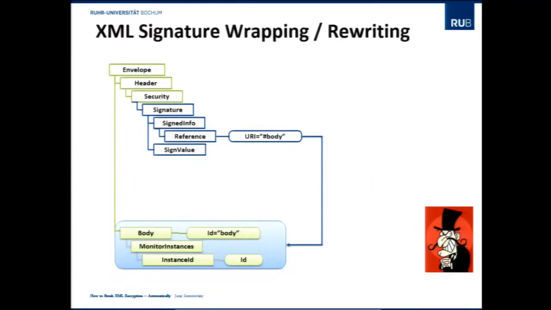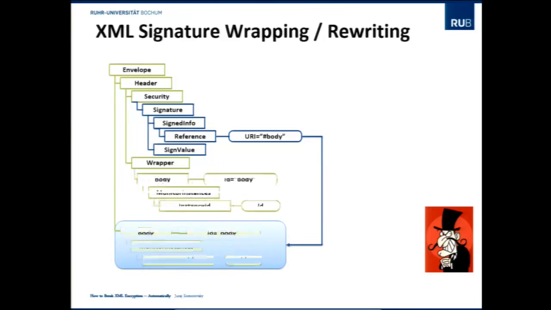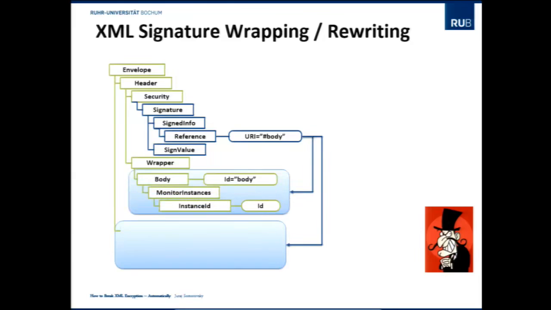What is the problem? The problem is the XML signature wrapping or XML signature rewriting attack. So what the attacker can do is, for example, take the original body and place it somewhere into a wrapper element. For example, he can place the wrapper element into the header and move the original body to this wrapper element, and since the ID of the document is the same, the reference now references this moved body element.